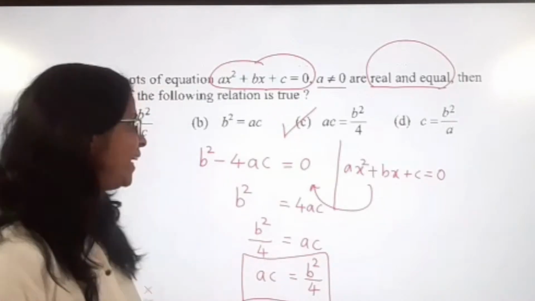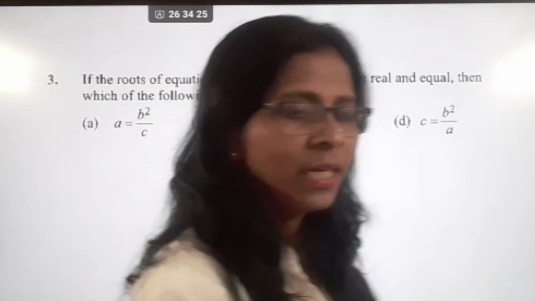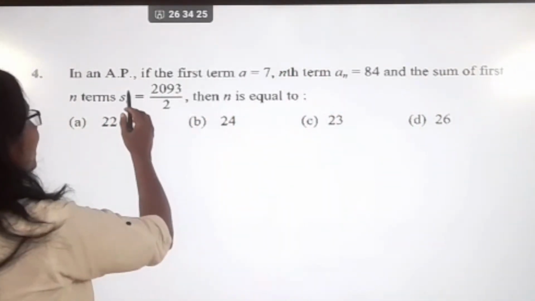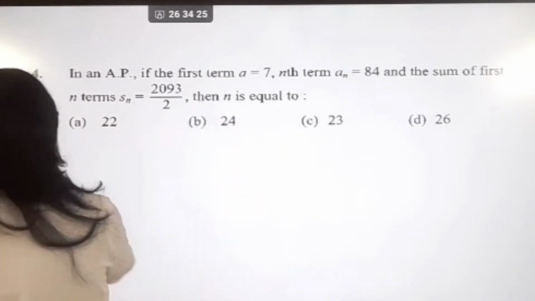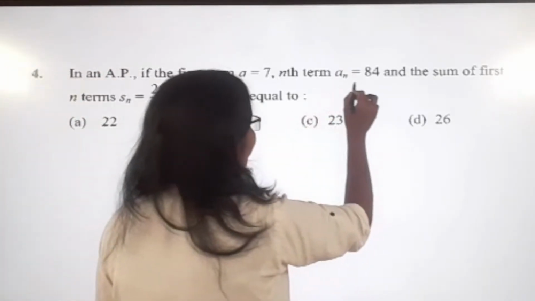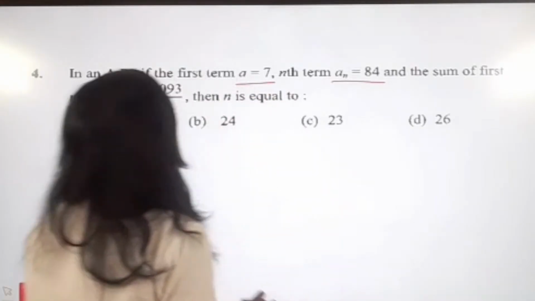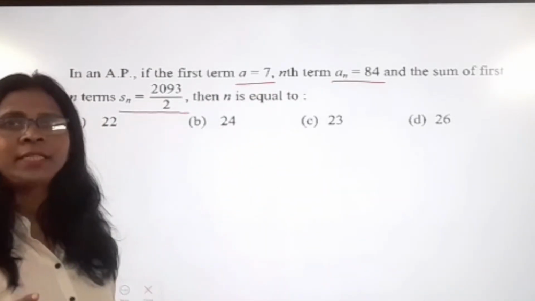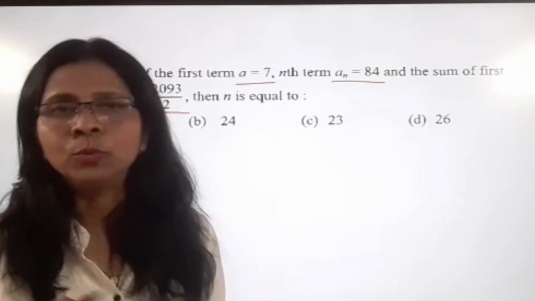Okay, students, then the next example. In an AP, if the first term a is equal to 7, the nth term an is equal to 84, and the sum of the first n terms Sn is equal to 2093 upon 2, then n is equal to?